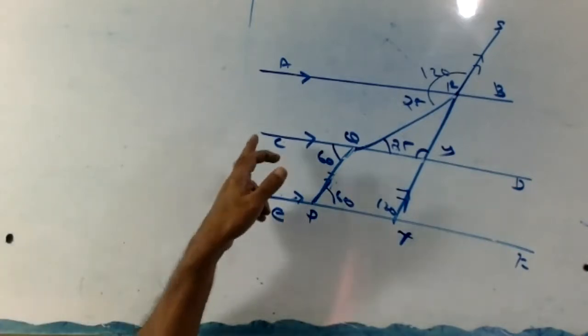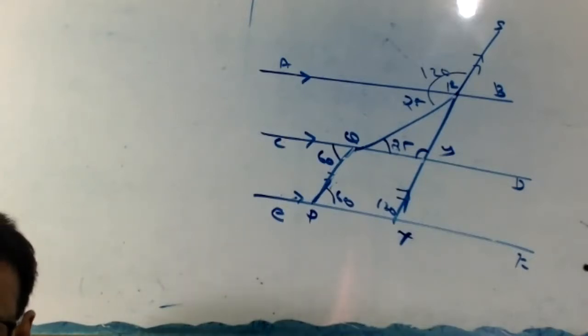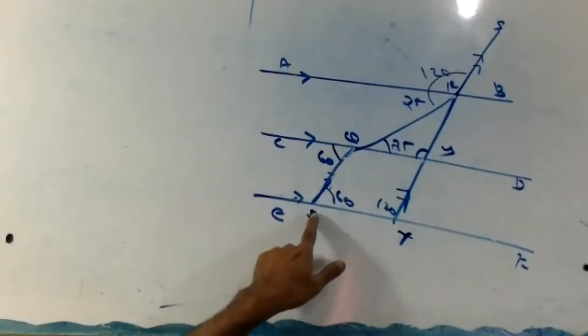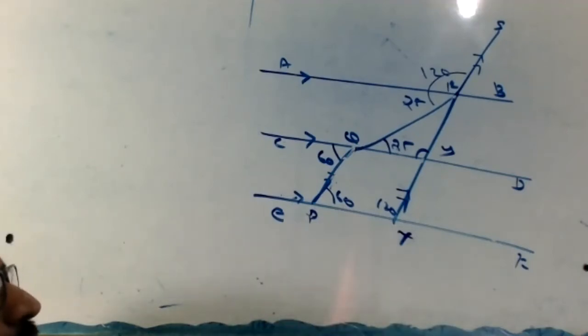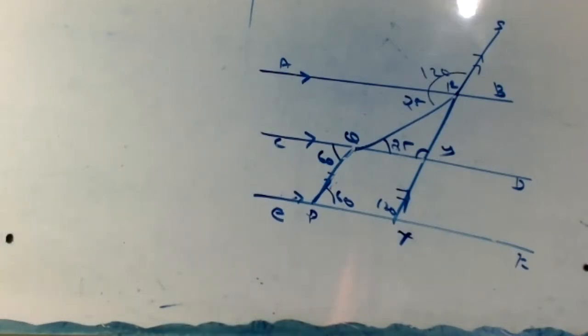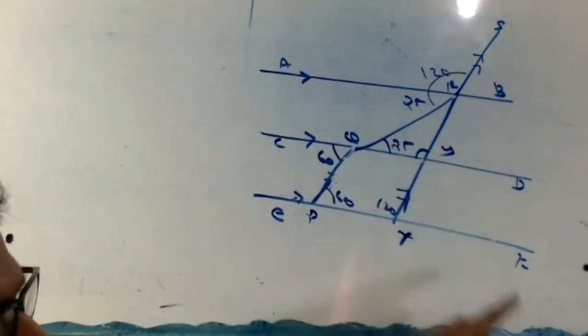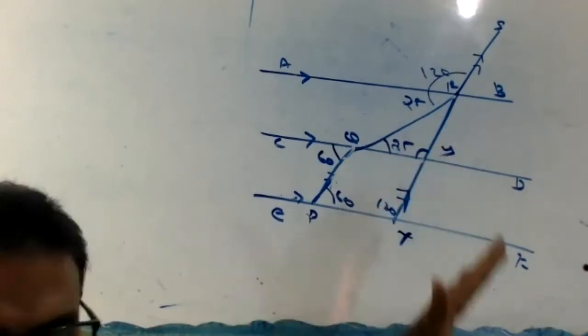Then CD parallel to EF, given. Therefore, angle CQP equal to angle QPX equal to 60, alternate angles. Then PQ parallel to XY, given.